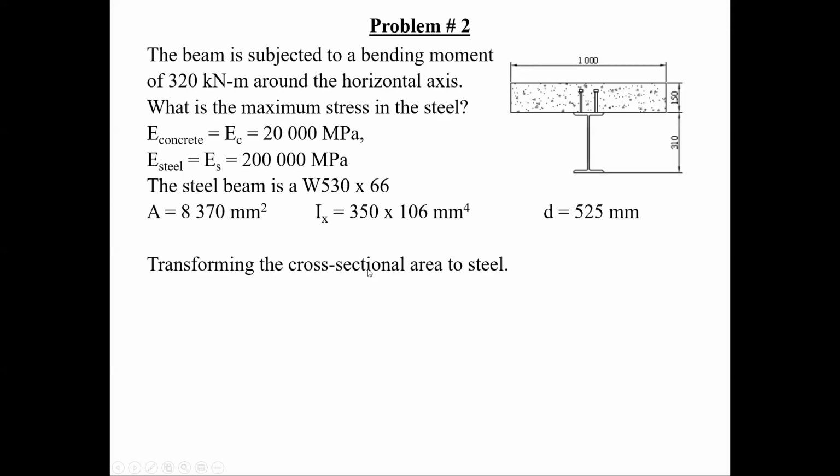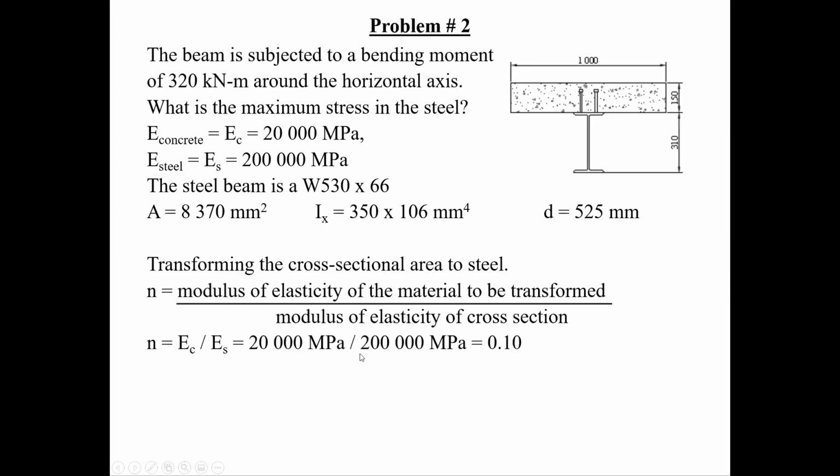Sorry, sir. Is the depth equal to 525 millimeters? It is. This is wrong. I probably forgot to change that on my sketch, but the D here is 525. This is a nominal depth of 530 millimeters, but when you look in the steel handbook to find the actual depth, it is very close to 530.